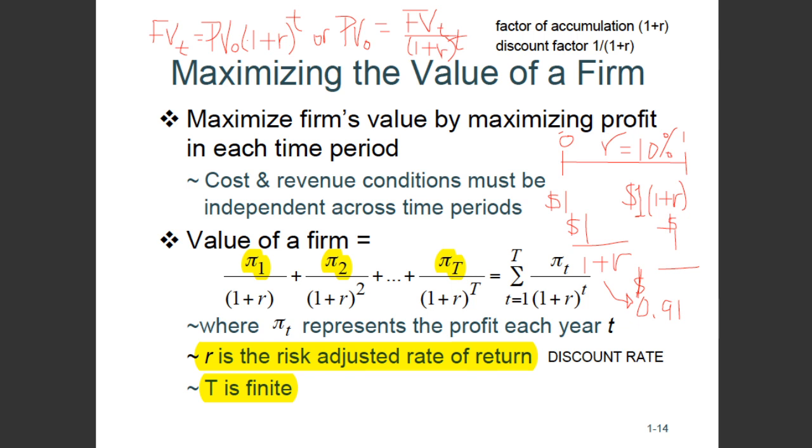So that's why we have this factor on the bottom, the discount factor. For every amount coming in the future, for one period, we discount by one factor. For 2 periods in the future, we discount for 2. And for t periods in the future, we discount by t. And if this is finite, we would just add those up. So this is feasible.